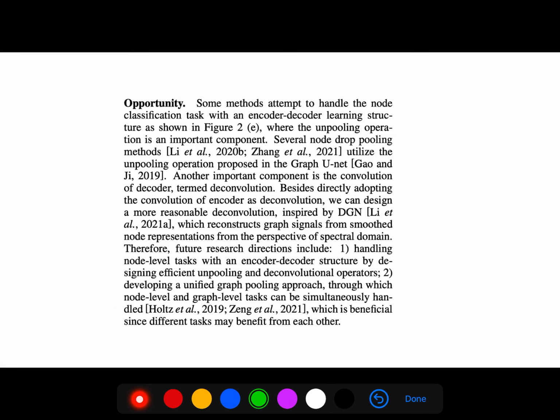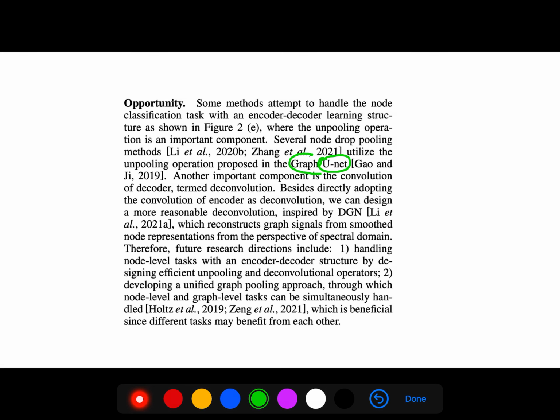So some methods attempt to handle node classification with an encoder-decoder learning structure, where the unpooling operation is an important component. Several node dropping methods utilize the unpooling operation, proposing Graph U-Net. U-Net is a great algorithm in computer vision for segmentation.